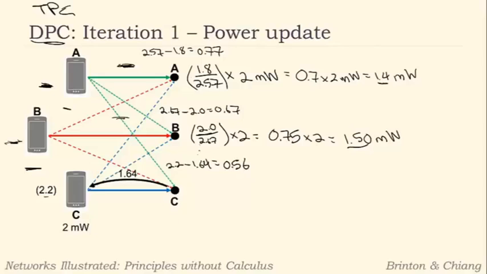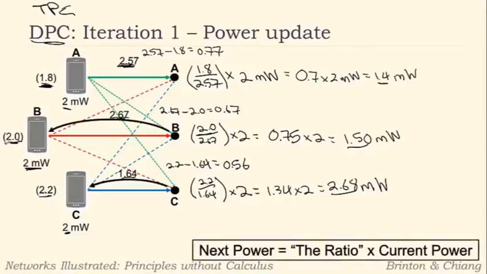We do the same equation again, where we take where we want to be divided by where we are right now, which is 2.2 divided by 1.64. But notice now that this quantity is greater than 1 rather than less than 1. We multiply that by the current transmit power, so the transmit power is going to go up. It's 1.34 times 2, which gives us 2.68 milliwatts. Notice that this is higher than the previous power because the SIR was too low, so we're boosting that power level.